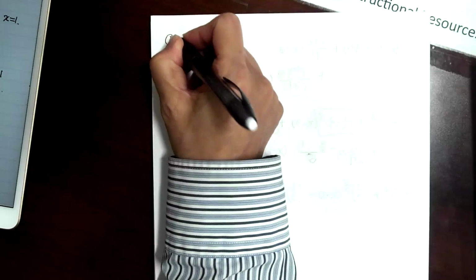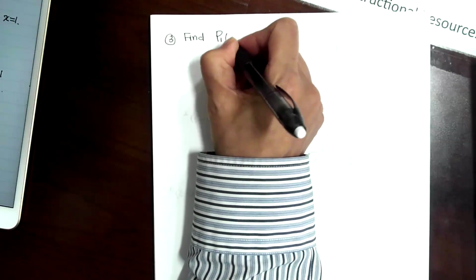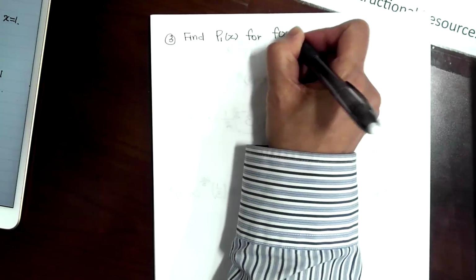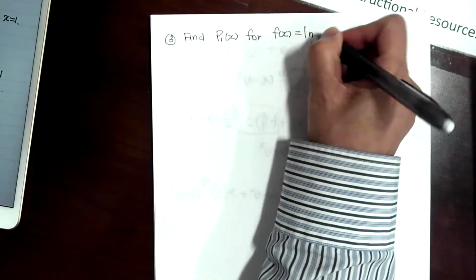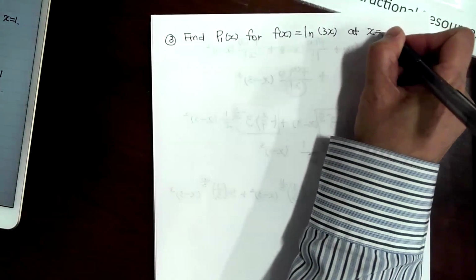The next one is find P1 of x for f of x equals natural log of 3x at x equals 1.